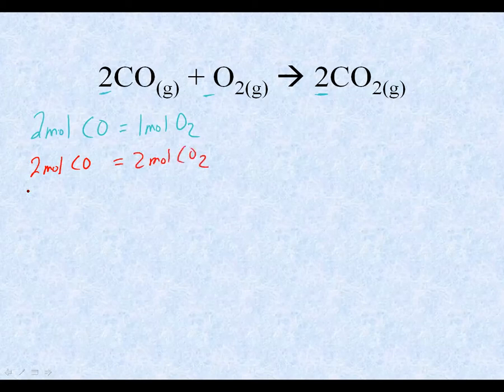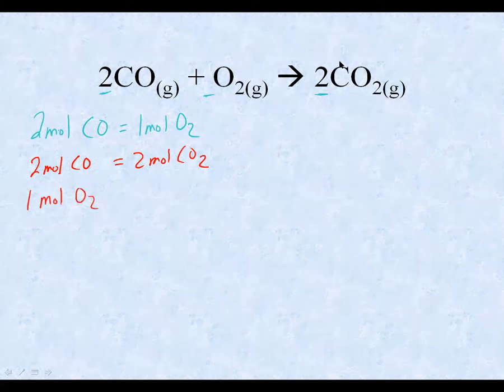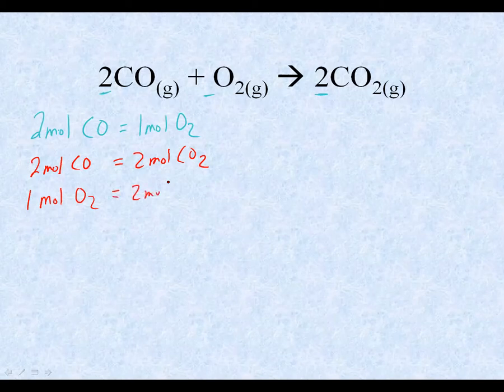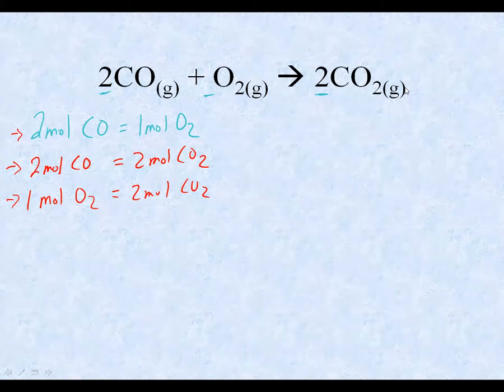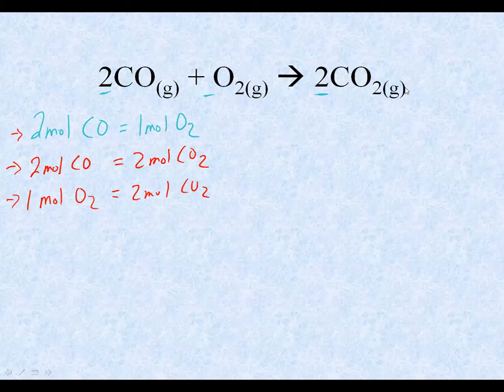And we could also say from this one, for every 1 mole of O2, as we can see there from the product side, we would get 2 moles of CO2. So these are the 3 stoichiometric relationships that we could get from this actual equation. And because of those 3, we can write conversion factors for each of those.